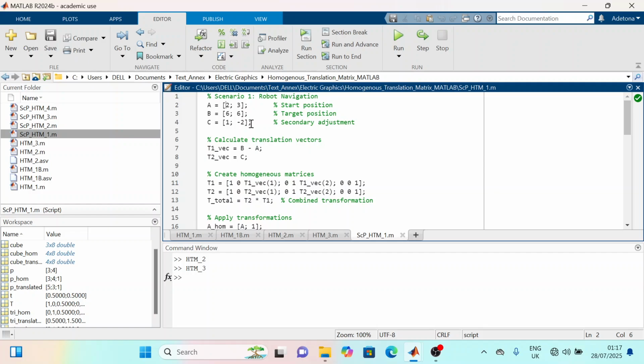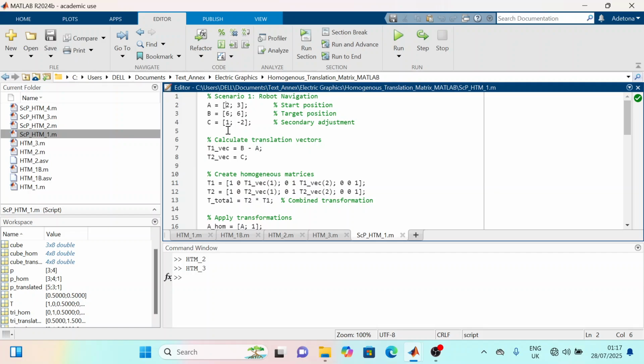For us to be able to make use of a transformation matrix, we need to find the translation vector. The translation vector is going to be this minus this, this minus this, and that is what we are having here. Translation factor 1 comes before you change to another position entirely using the second translation factor.